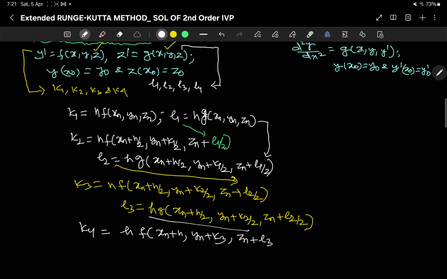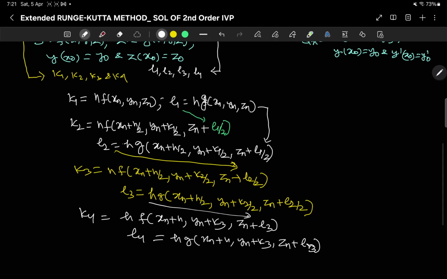So L3 is from here. At the same time you find L4 = h g(xn + h, yn + k3, zn + L3).